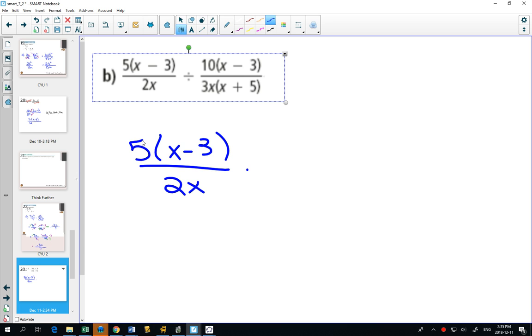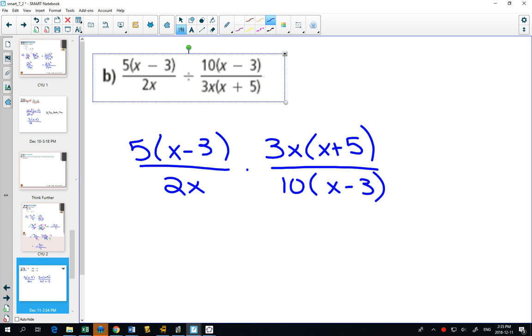So we'll take our second fraction and write the reciprocal. Everything is multiplied together here. So if any factors are identical, you could simplify them.